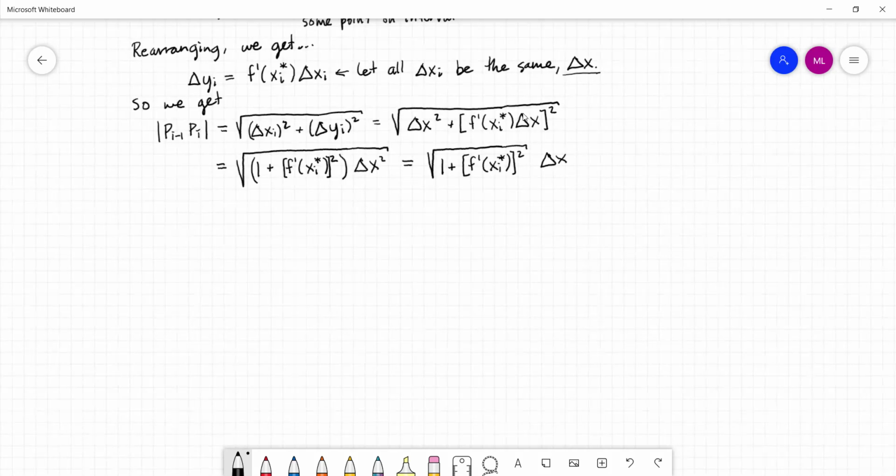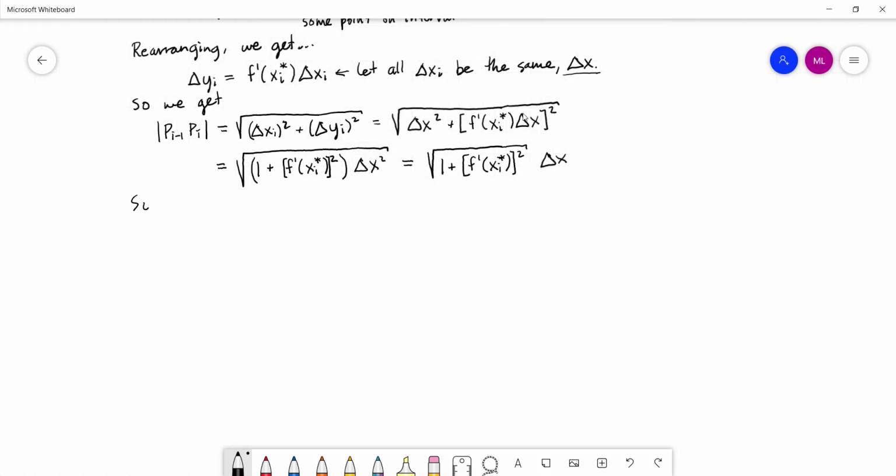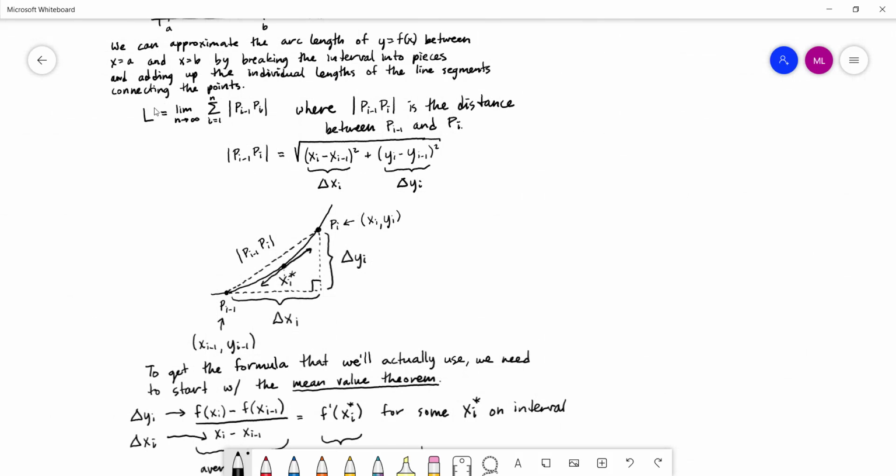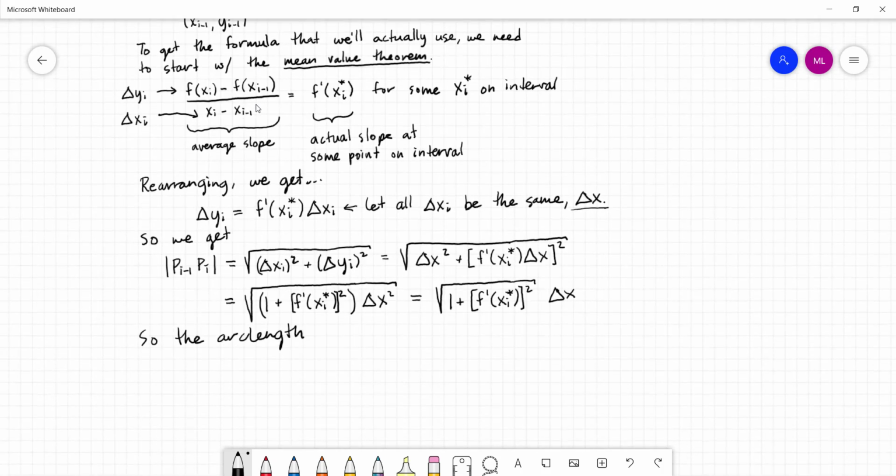So the arc length, going back to the original definition, is simply the limit as n goes to infinity of the sum of all of these lengths. And so that's what we're going to do now.